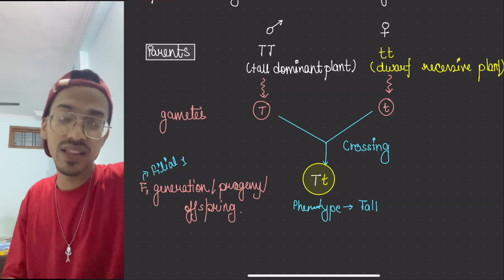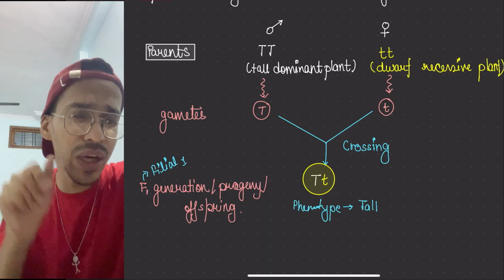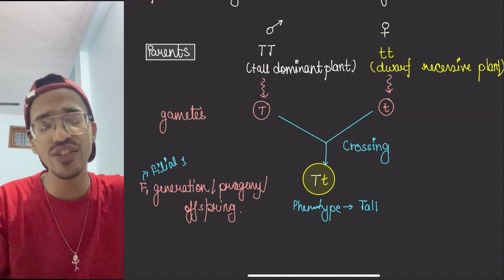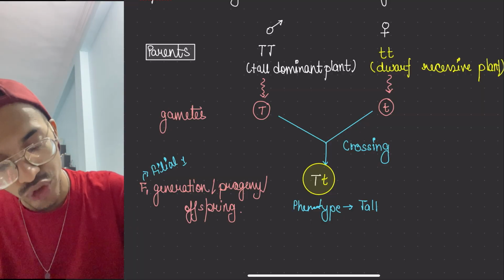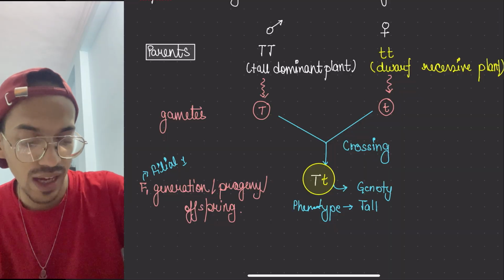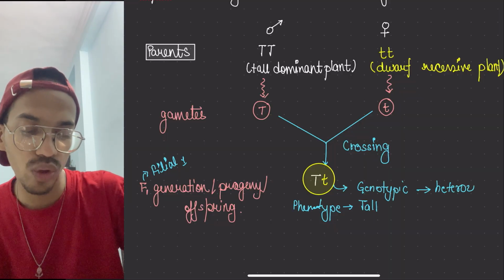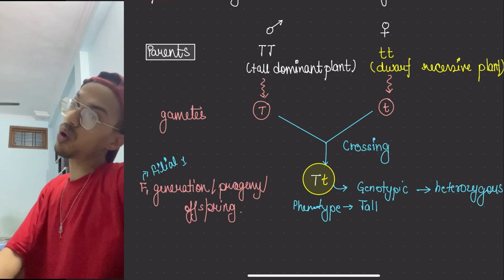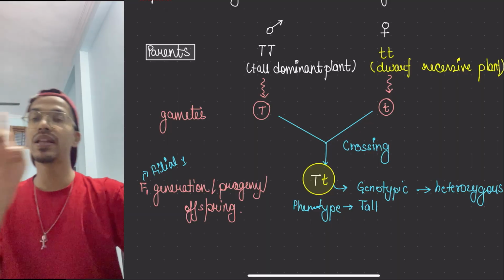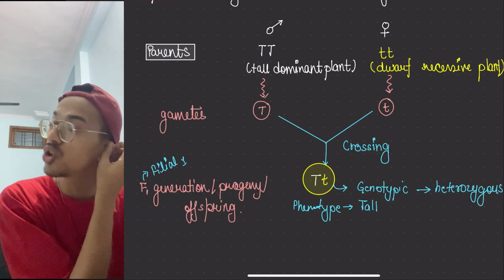Hybrids are, to be honest, a wrong word to use, but in their body both genes are present. So genotypically they are heterozygous, meaning they have both alleles, like me having the brown eye allele and the blue eye allele present, but the one that shows its effect is called the dominant character.